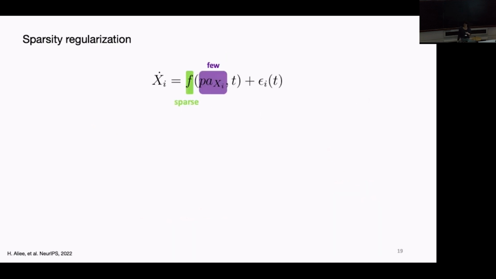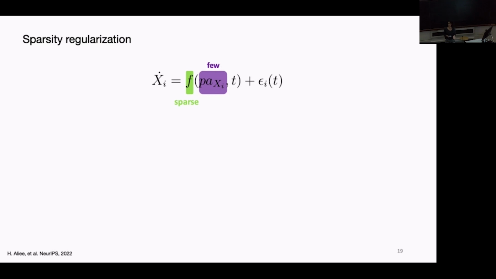So the question was, what is the right regularization? In causality, sometimes people assume that the causal model should be sparse. It means that the number of variables that affect the system should be few. And this is simply because nature prefers simplicity. At least we assume this.